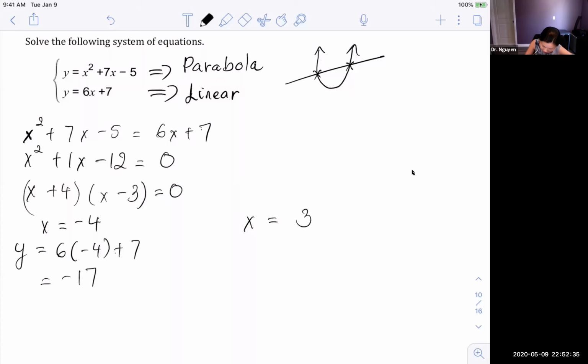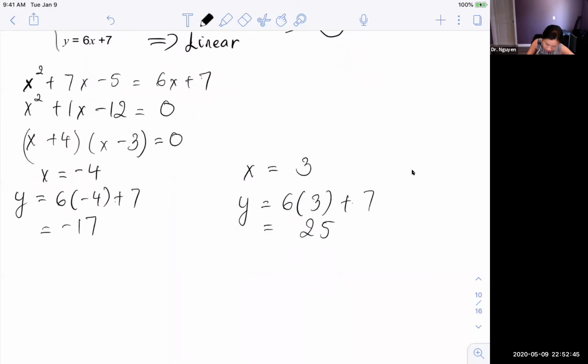And on this side, we have y equals 6 times 3 plus 7, so y is going to be 25. So our two solutions are negative 4, negative 17, and then 3, 25. And those are the solutions.